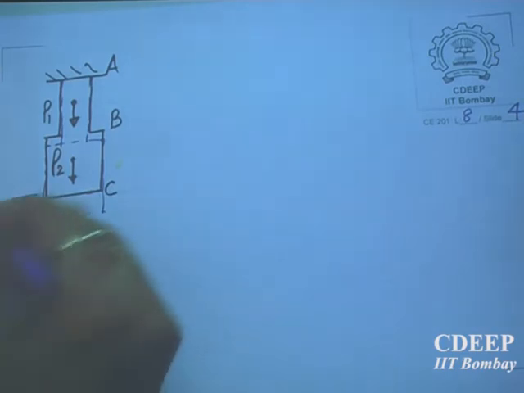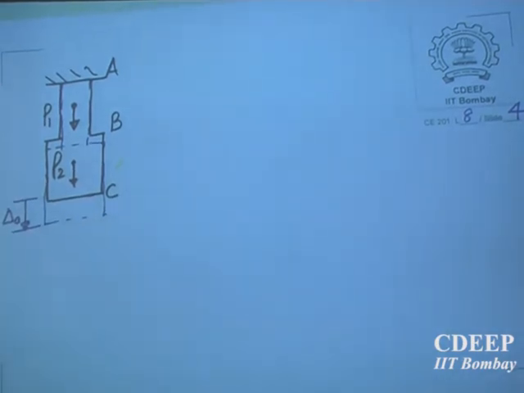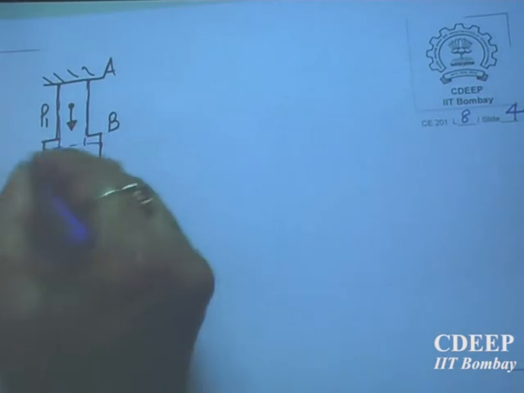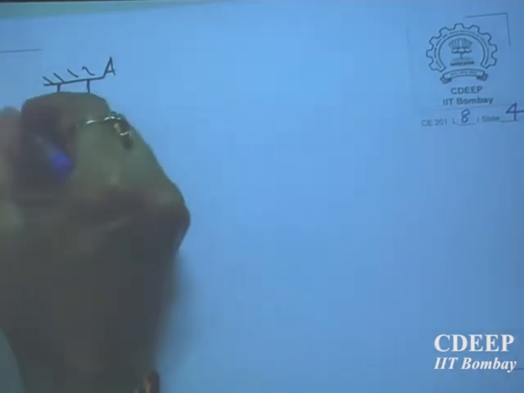Call this delta naught. This will undergo a displacement delta naught, but I don't want delta naught. How do you get delta naught? It can be found very simply, because delta naught will be equal to, if this is L2, A2, and this is A1 and L1.